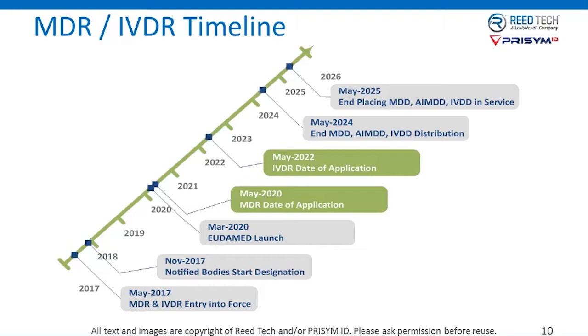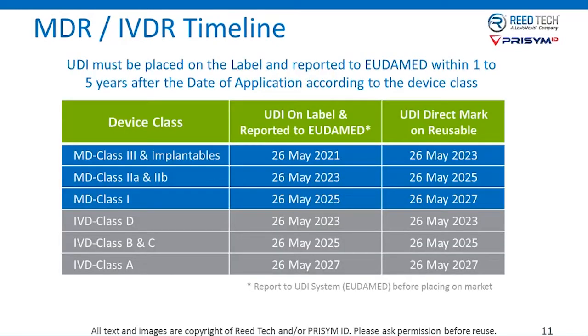So you can see from here there is a very prescribed time frame. And it depends on the type of device that we're talking about, how the time frames apply after the regulations have come into application. So again, similarly to the FDA UDI, where the different classes of devices were given different deadlines to be compliant.